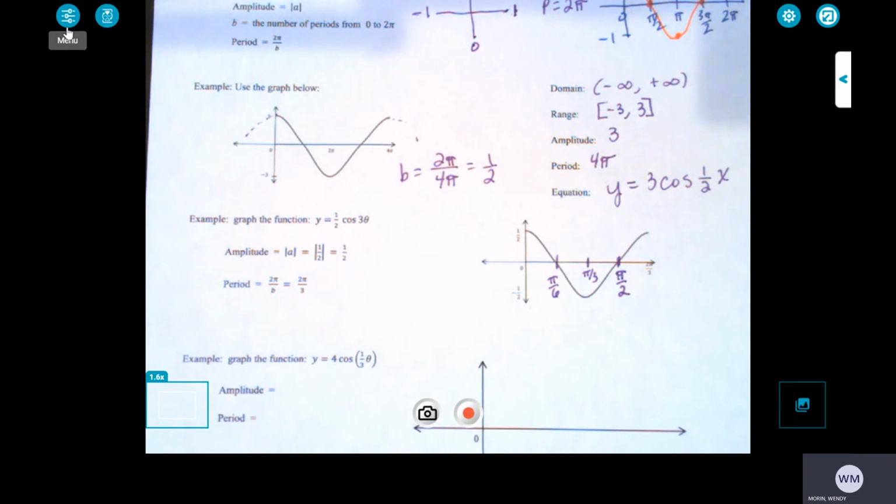And then you can check your increments. They should all be equal increments. 0 to 1 pi over 6. This one is equivalent to 2 pi over 6. This is equivalent to 3 pi over 6. And this is equivalent to 4 pi over 6.